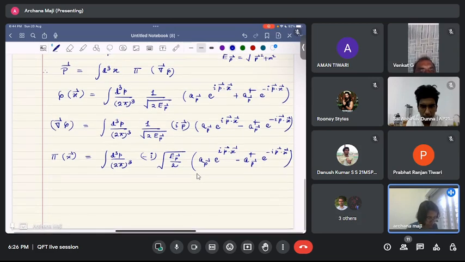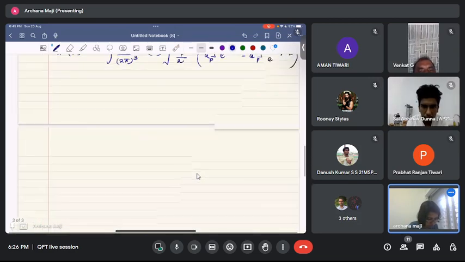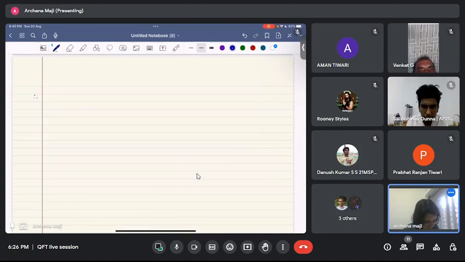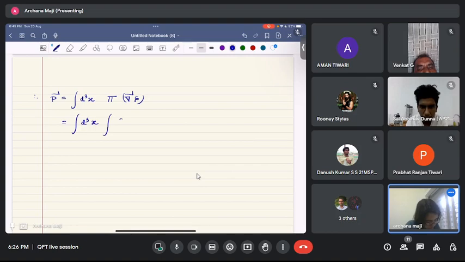So now let's compute this particular operator. P is equal to the integral d3x of pi times the gradient of phi. So the integral d3x, d3p, d3p prime over 2 pi to the 6.